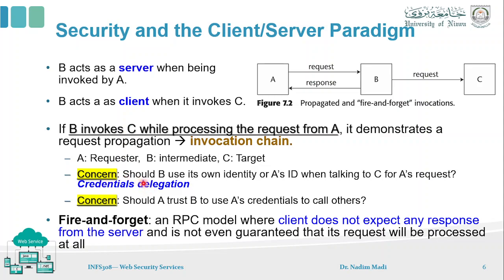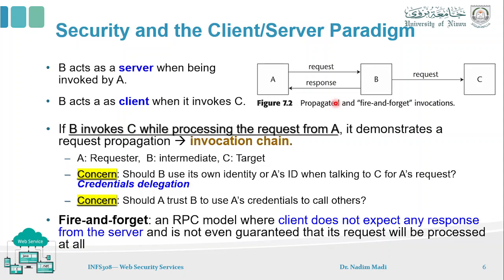For example, should B use its own identity or A's when talking to C for A's requests? Whenever B wants to talk to C on behalf of A, what kind of identity should B hold here? Does it use its own identity, or does it hold the identity of A? This means that A will need to send its credentials to B, or what we call delegate.